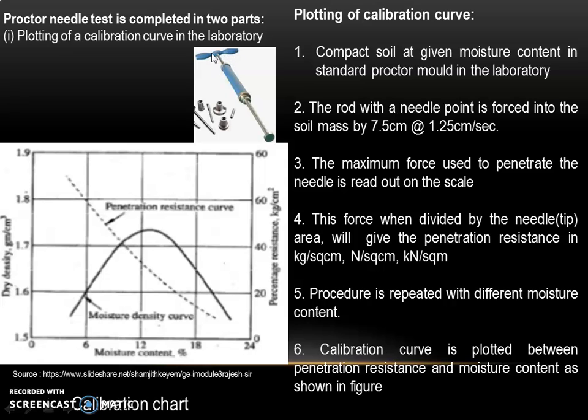And this force divided by the needle area will give us the penetration resistance in terms of kg per square centimeter or Newton per square centimeter. And this procedure is repeated with different moisture content. So by knowing penetration resistance at different moisture content, we will be able to plot penetration resistance curve which is shown in dotted line. And this itself represents the calibration curve.